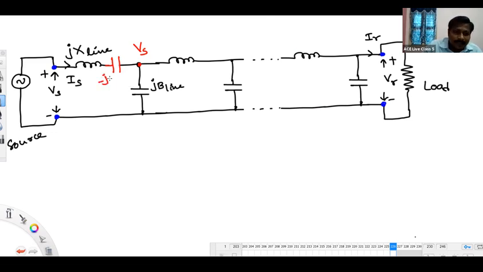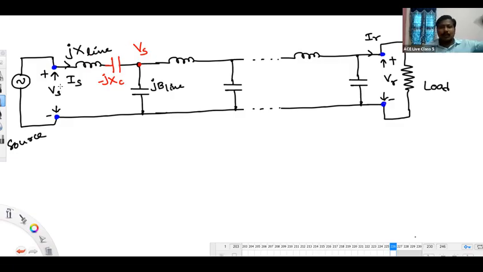So I'm calling it minus jXC. Now you try to match this XC value equal to X line so that the overall series impedance will be 0. Overall series impedance is 0 means this node voltage will remain Vs.